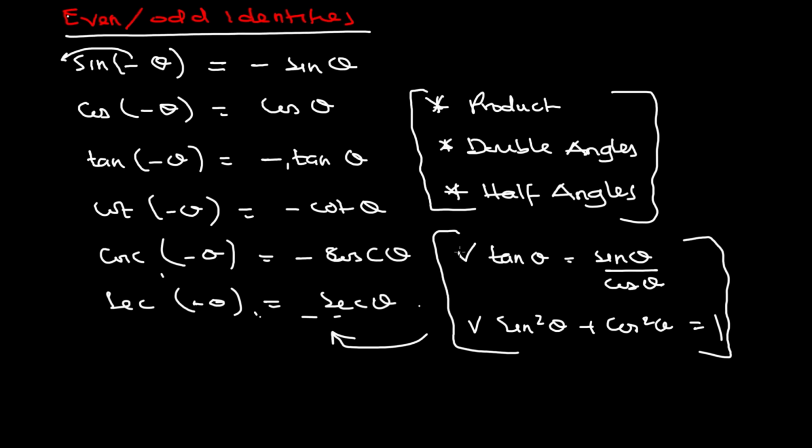So for now, we have to know these, and then we can derive the rest from these and apply the even or odd identities. Once we know these, we can look at products, double angles, and half angles. Then we can bring everything together after that.